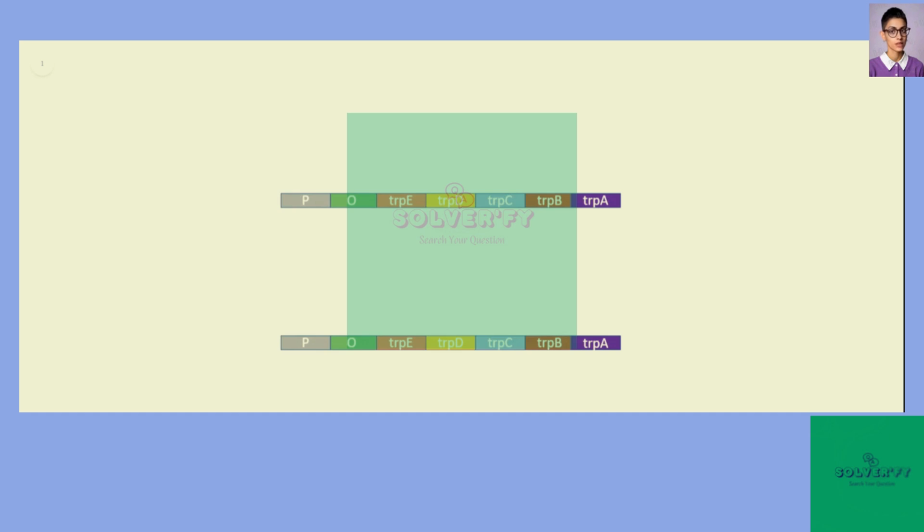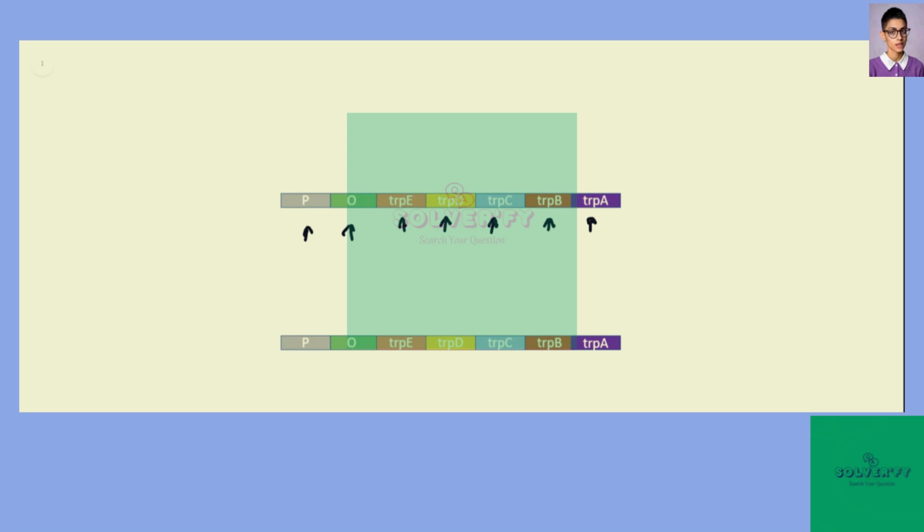And if they don't obtain it through their diet, they can make it through this series of enzymes, TRPA through TRPE. So along with all of the different genes in this operon that can make the different enzymes, you have an operator and a promoter. Okay, so those are all the different parts of this operon.